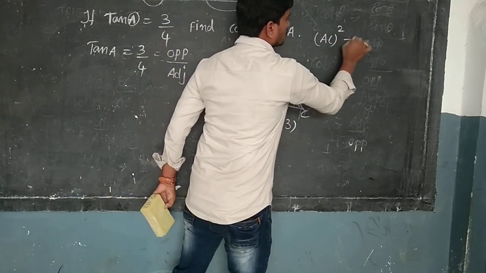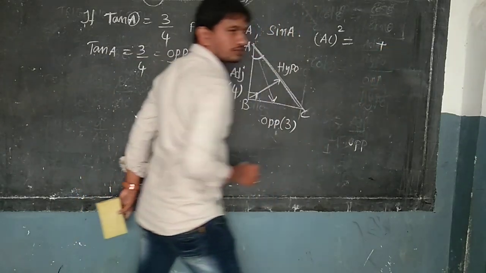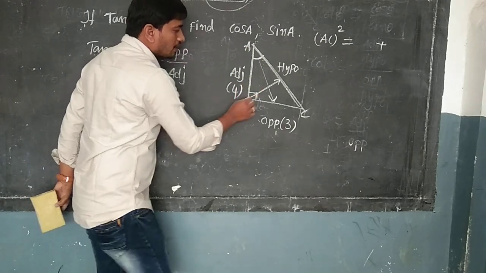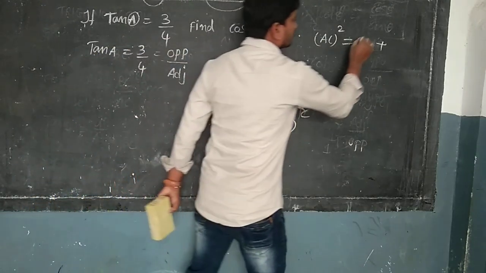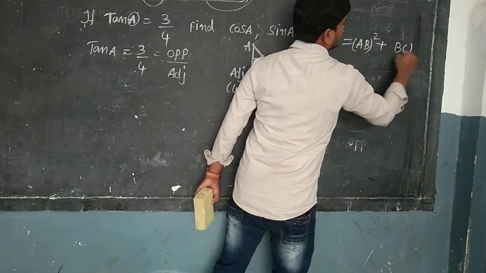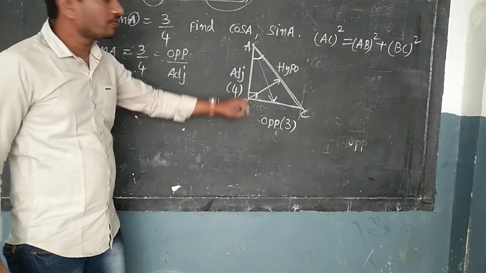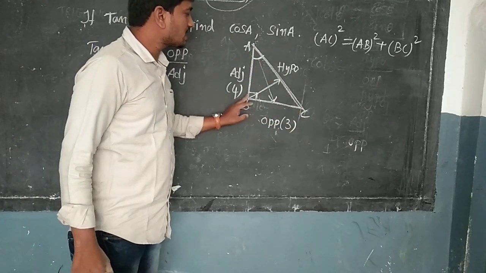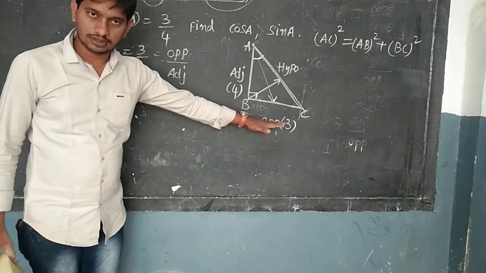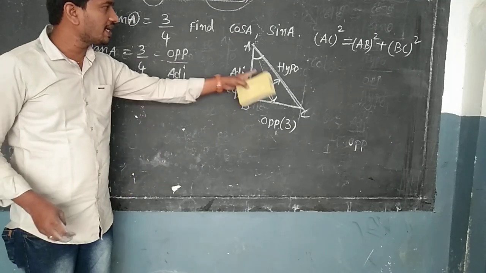The other 2 sides are AB and BC, so AC square equal to AB square plus BC square. By using this Pythagoras theorem, we can find out the third side, that is AC.